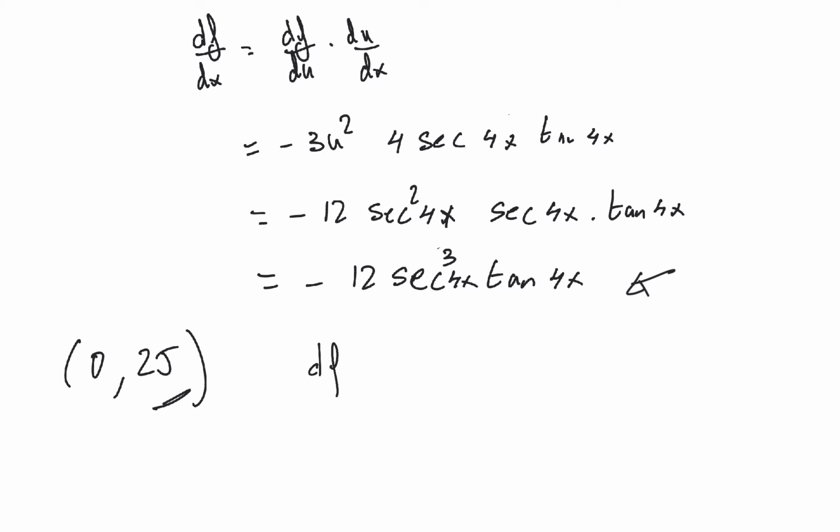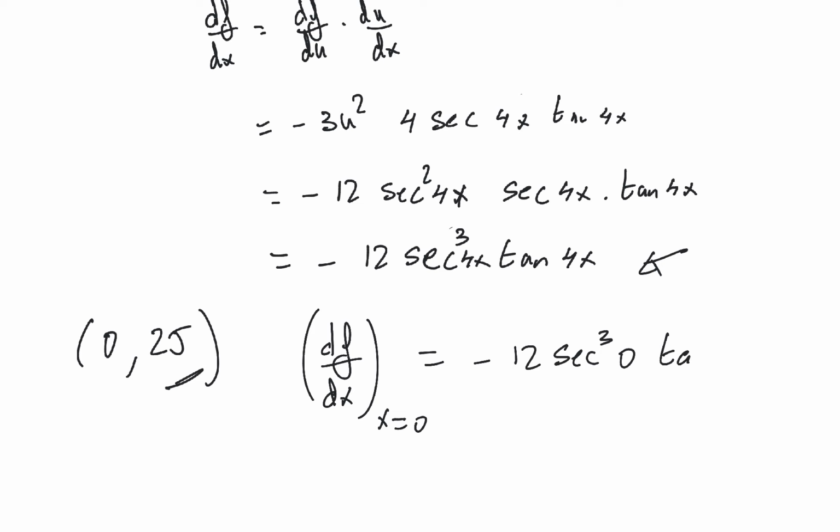The derivative of the function with respect to x, the slope at the point x equals 0, will be minus 12 secant cubed of 4 times 0, multiplied by tangent of 4 times 0. Tangent of 0 is 0.